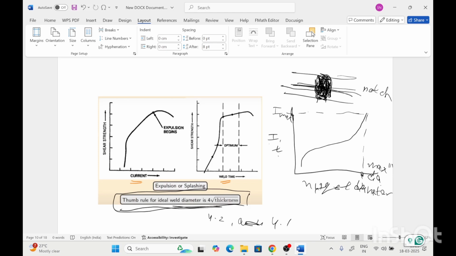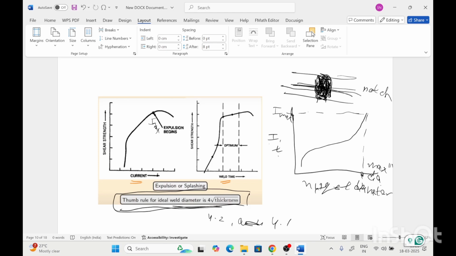If we consider shear strength versus current, with increasing current the welding nugget diameter increases. That results in increasing shear strength of the welding joint. And after that point, when I max is reached, expulsion begins. That decreases the shear strength of the welding joint.